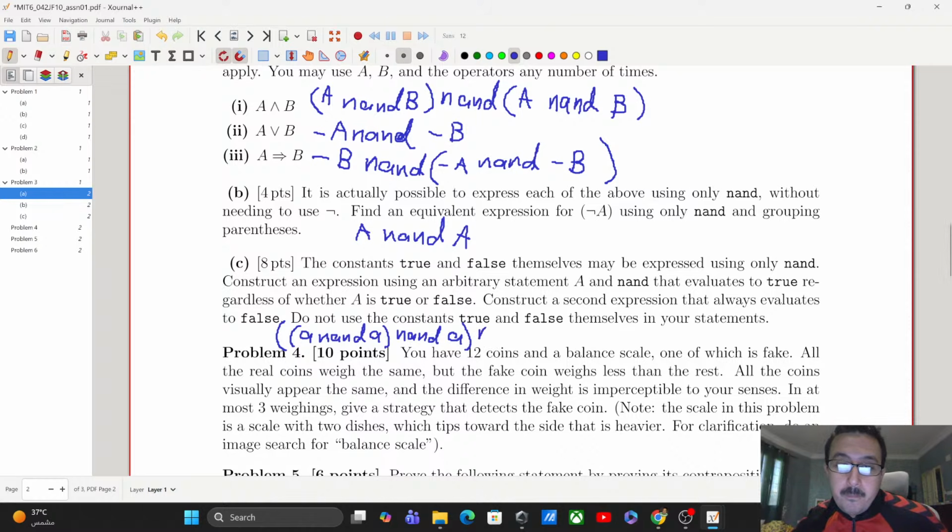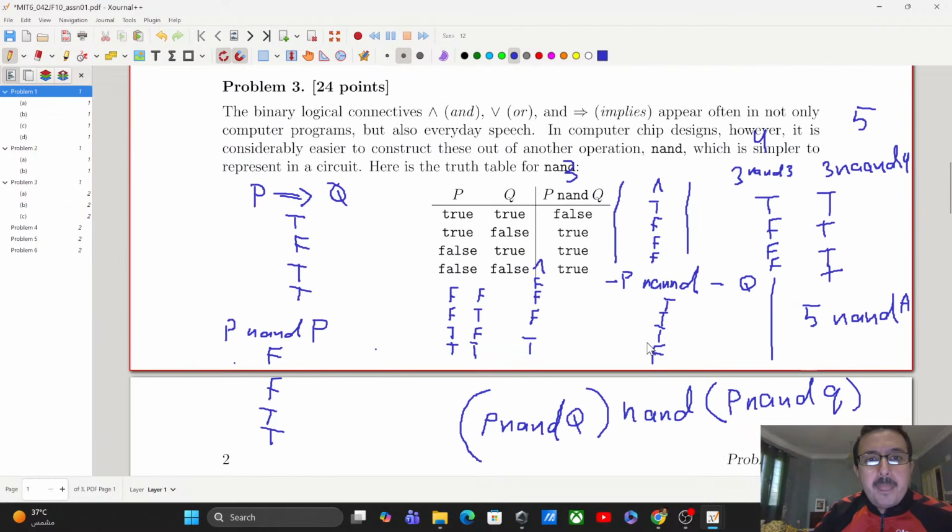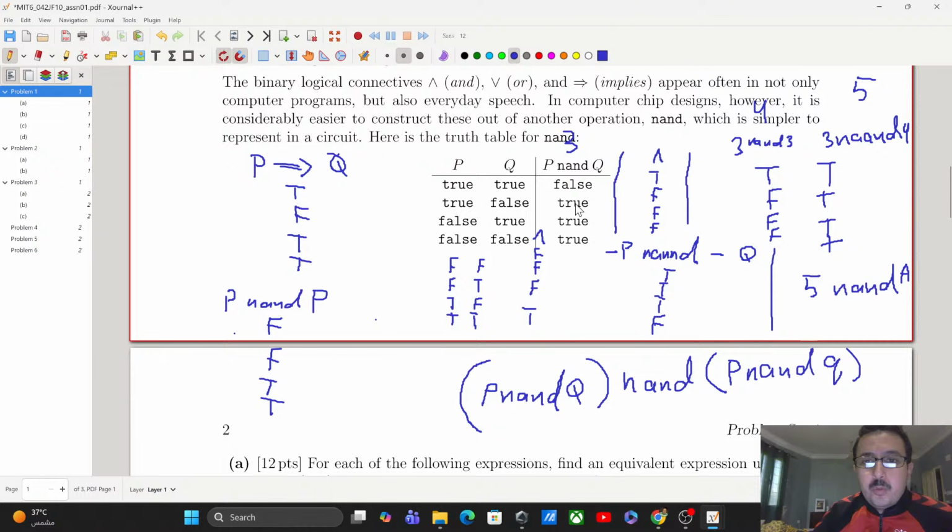NAND itself and A, NAND A, NAND A. So here it's gonna be always false because it's false. Am I correct? Here it's gonna be look true. So this is gonna be true.